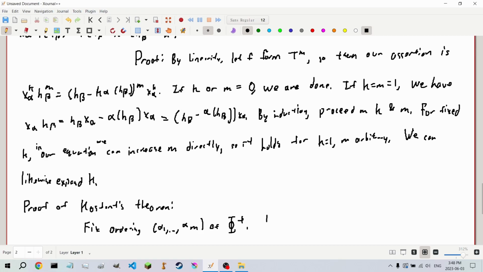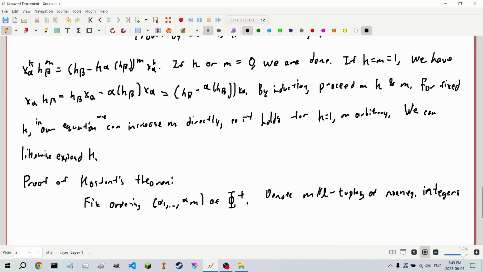We denote by capital A being A1 through AM, B being B1 through BL, and C being C1 through CM, m-tuples or alternatively L-tuples of non-negative integers.